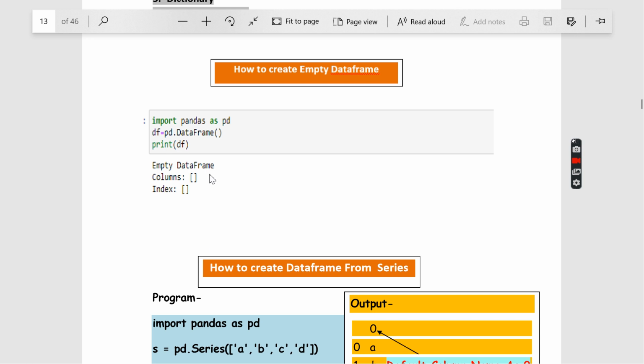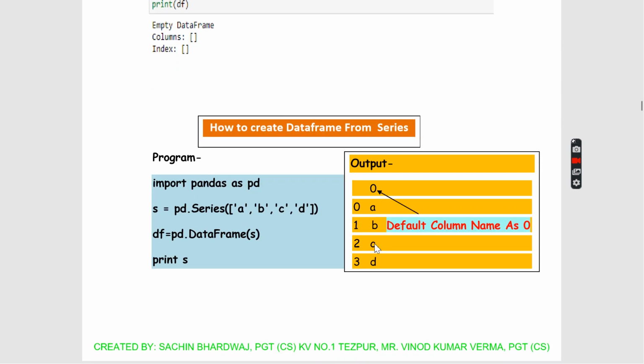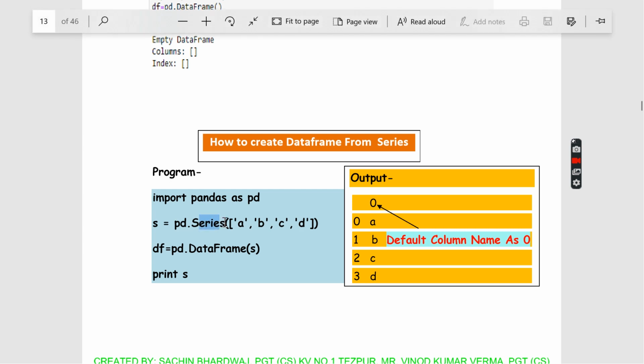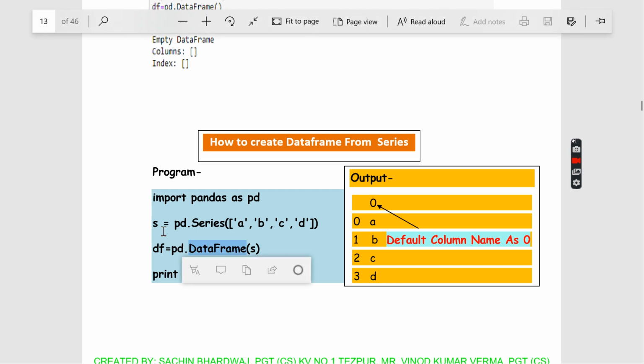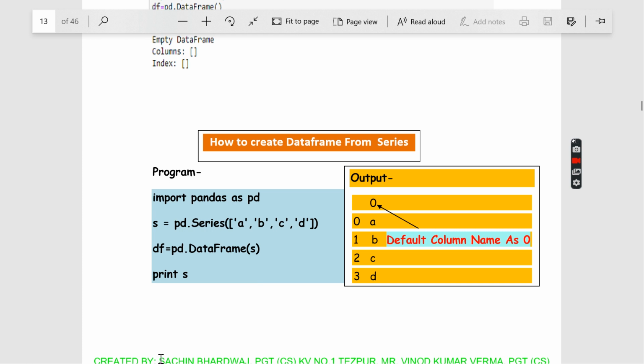If you give it like this, an empty data frame will be created. After that, if you want to have something in it, you can pass listed items by using a series, and then make this a data frame. This is what we are going to see today. How can you do that?